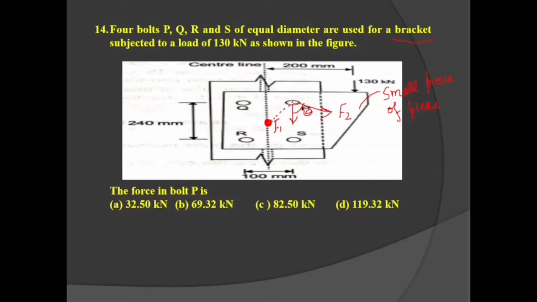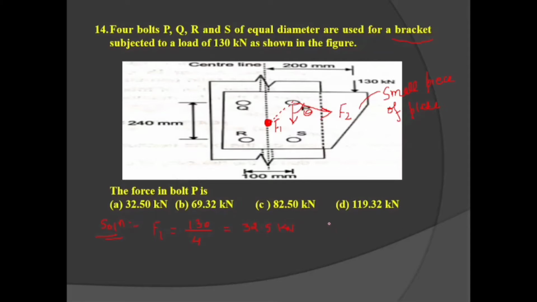So my dear students, let's calculate the value of F1 first. F1 is the force in each bolt, or direct shear force in each bolt. So our first step in the solution: F1, that is direct shear force in each bolt, will be equal to this 130 kilonewton force divided into equal parts among all four rivets, and this value is 32.5 kilonewton.